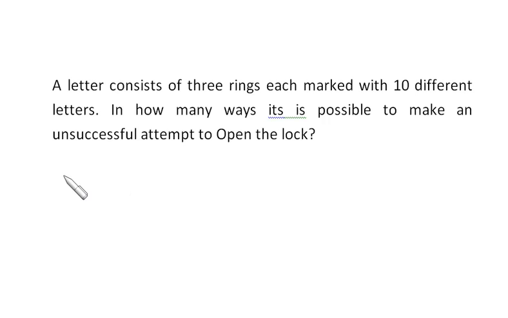Now let's take this problem. A letter lock consists of 3 rings, each marked with 10 different letters. In how many ways is it possible to make an unsuccessful attempt to open the lock? Now for every place we have 10 choices as given over here.